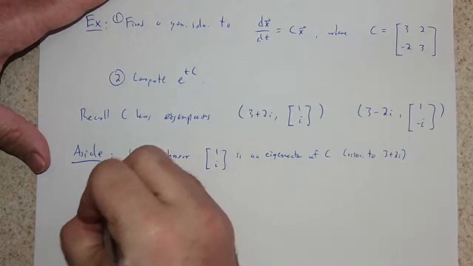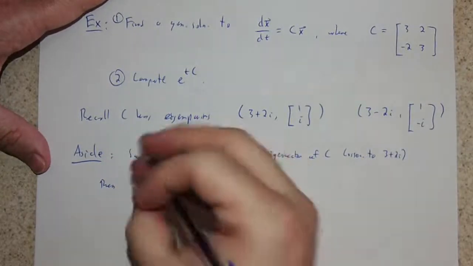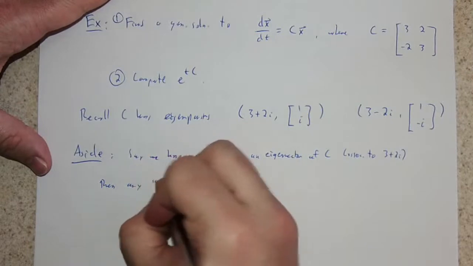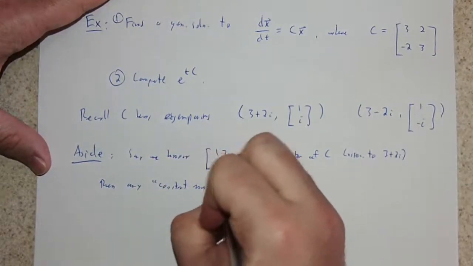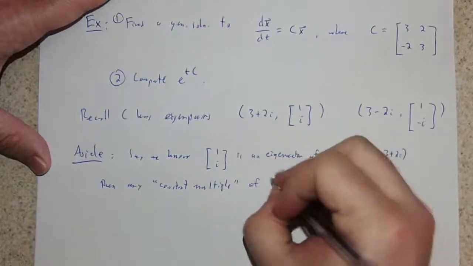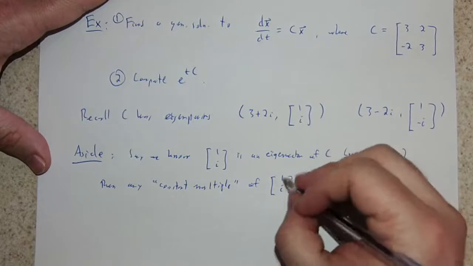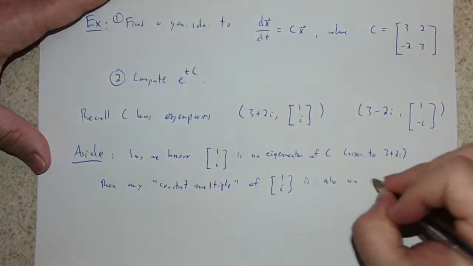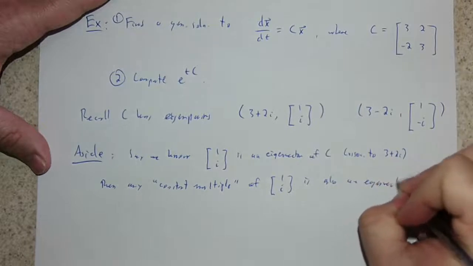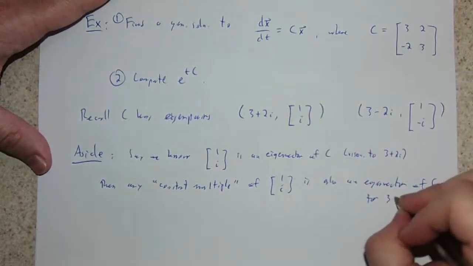Well, then any constant multiple of the vector (1, i) is also an eigenvector of C for the same eigenvalue.